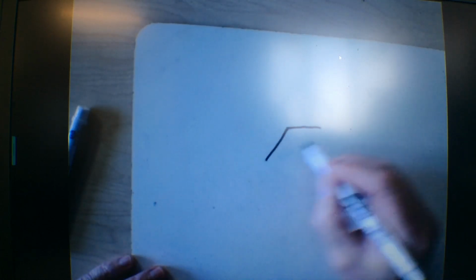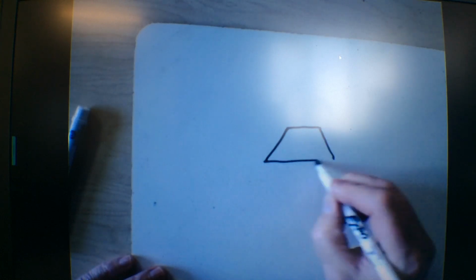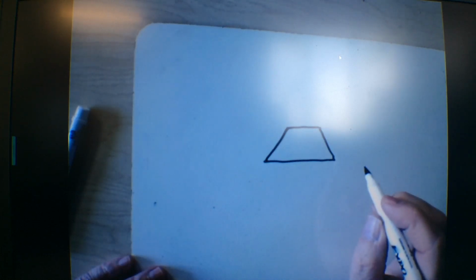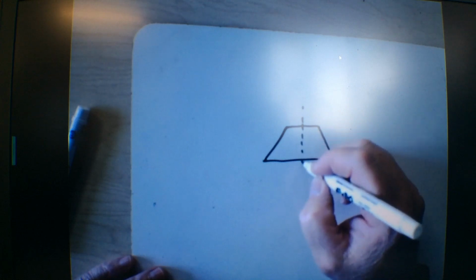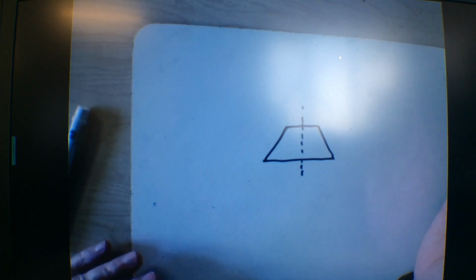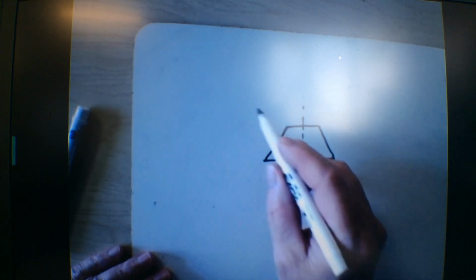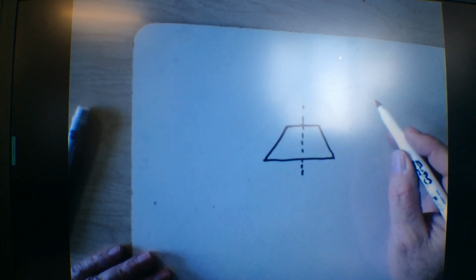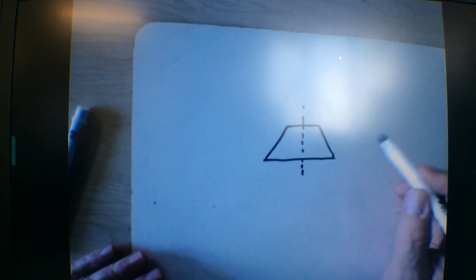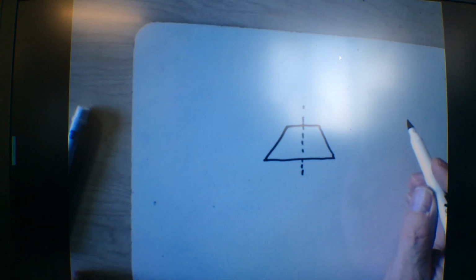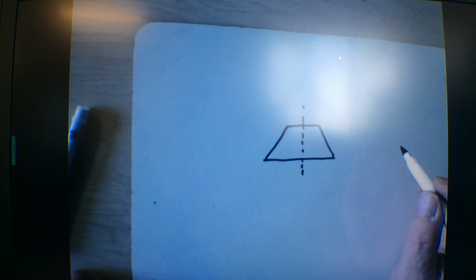No. But I might throw something at you like this. Does it have line symmetry? Yes, so it'd be right here, wouldn't it? You have to draw that. Or I might say, how about here? Is there one there? Is there one here? Okay, so no. Does it have rotational symmetry? No, it does not, does it?